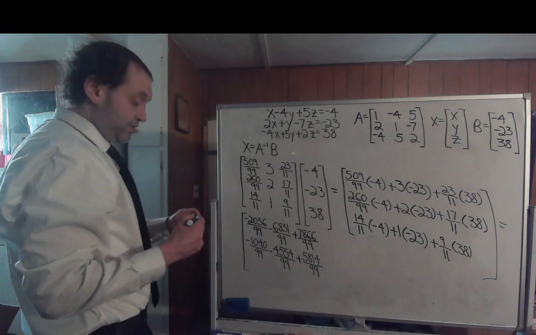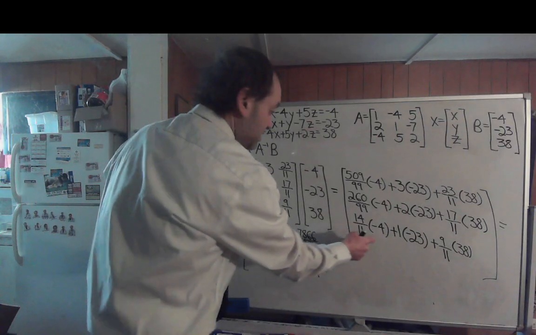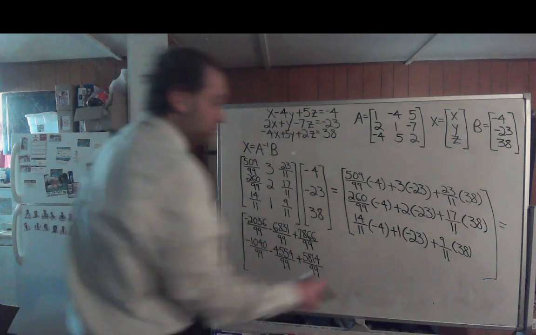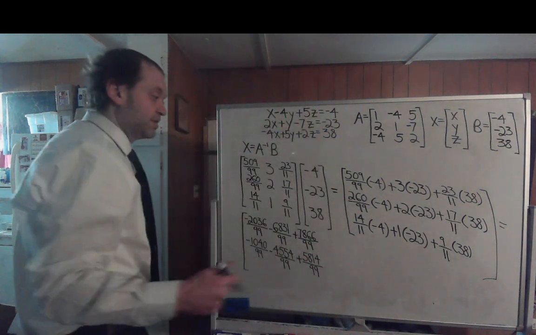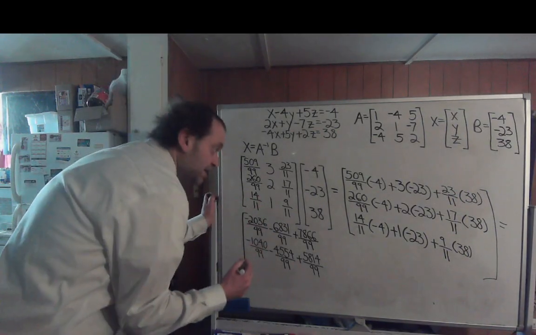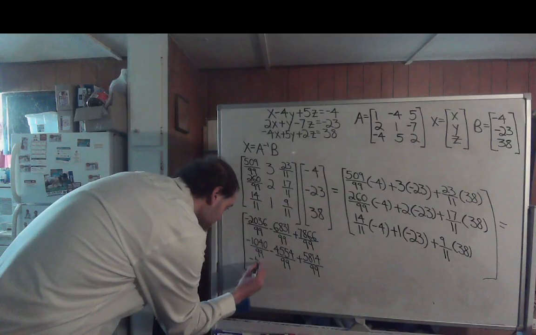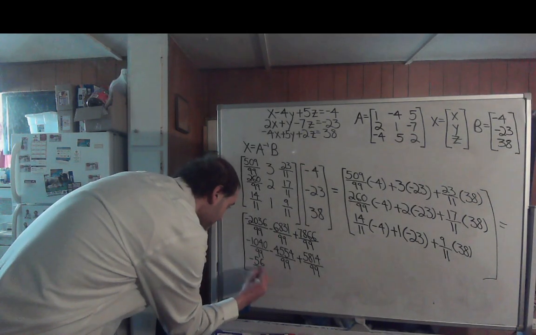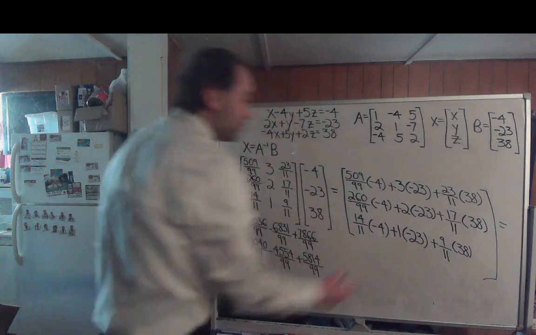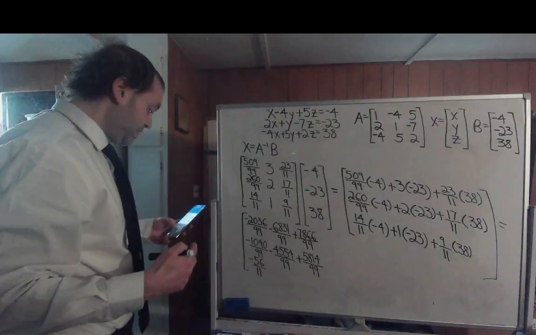Then we got a row 3. So 14/11 times negative 4. The good news is we only have to do a denominator of 11 in row 3. That's just going to give you negative 56/11. Alright, plus 1 times negative 23. That's going to be negative 23.